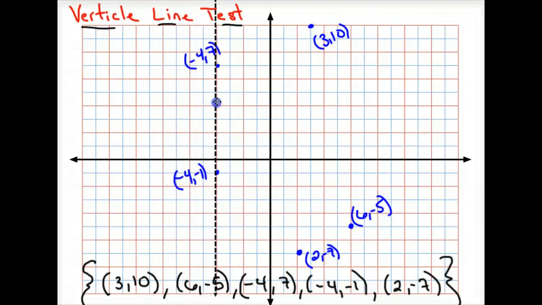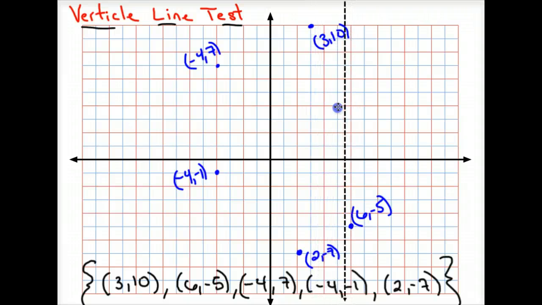If this vertical line touches any two points... we notice this vertical line only touches 1 point, 1 point, 1 point, but if we drag it back, at this location, this vertical line is touching two different coordinates.